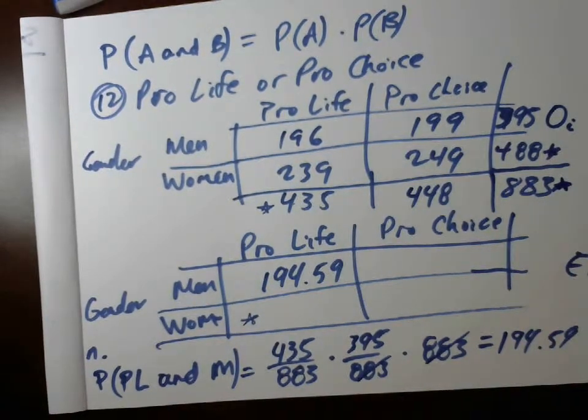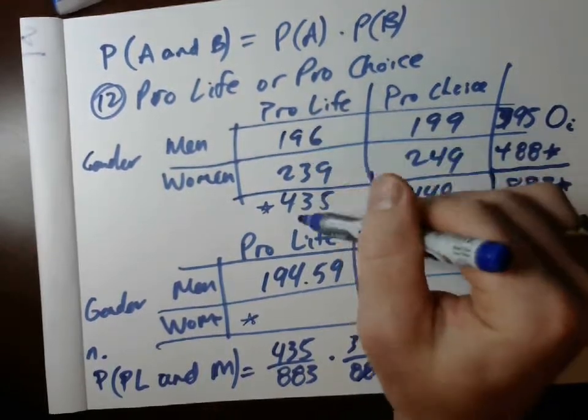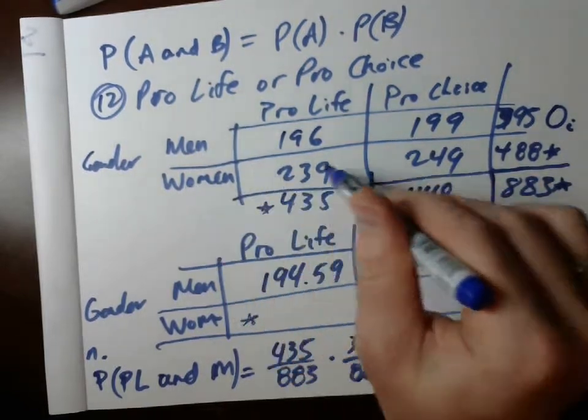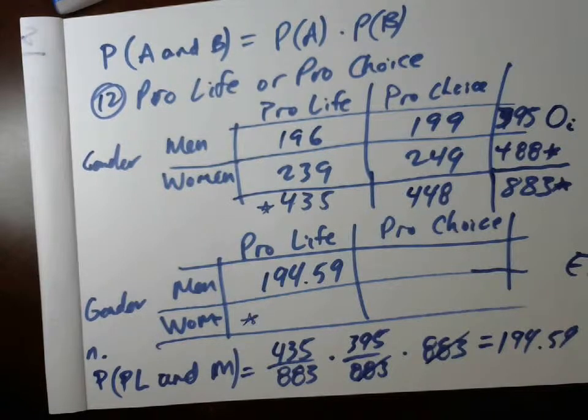So let's do that: 435 multiplied by 488, divided by 883. As you can see, one of the 883s cancels out. So all we're doing is taking the total of one row, multiplying by the total of the column, and then dividing by the overall total.